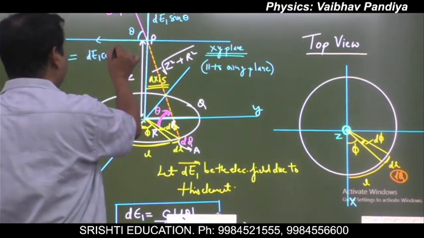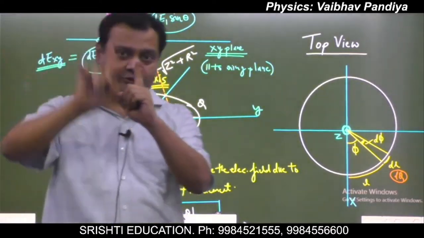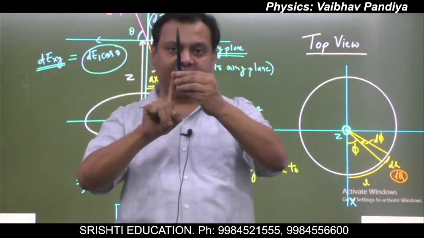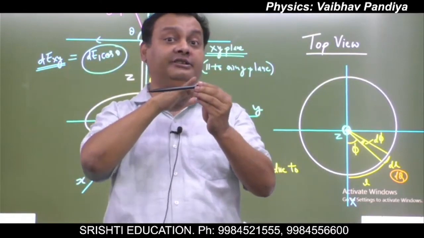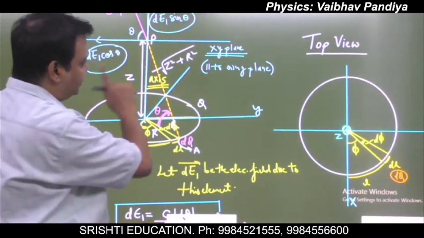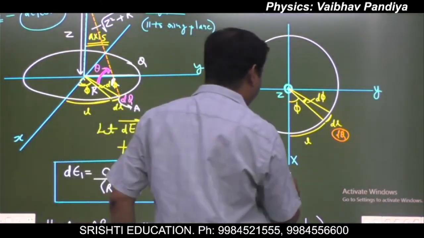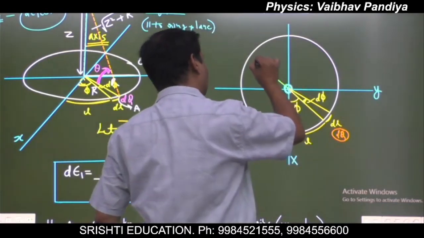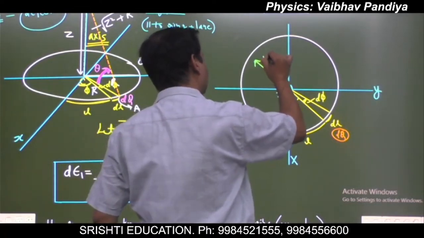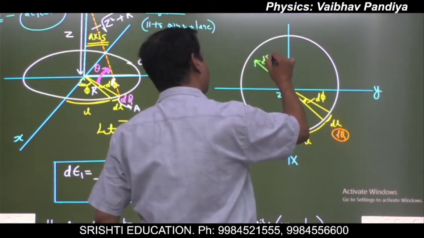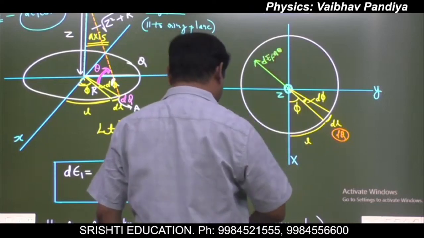Now see, if you want to indicate the two components, dE1 sin theta is along the z-axis going upward, and dE1 cos theta is in the xy plane. So if you want to represent these components in the top view figure, along this line you will have a component dE1 cos theta, correct?